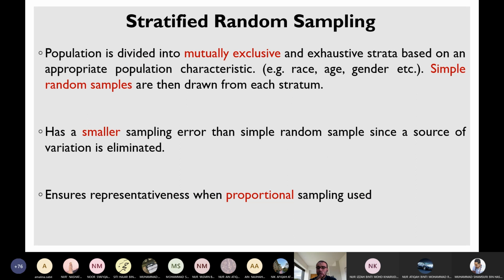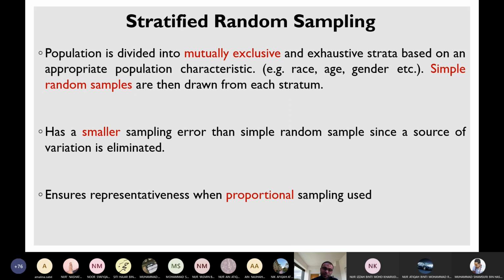In stratified random sampling, we divide according to characteristics such as race, age, and gender. Which one to stratify by depends on the researcher, who will decide. Overall, you eliminate some sort of variation when you bring all the males together or all the females together.